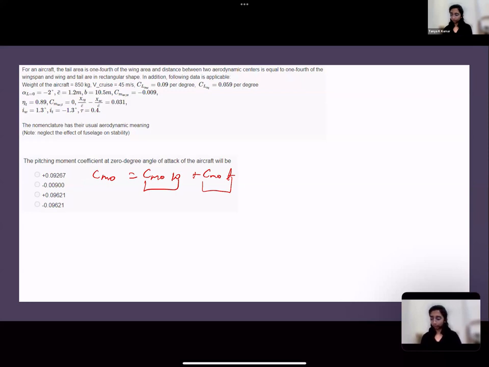Then we can do it together. First, you find out Cm naught wing.